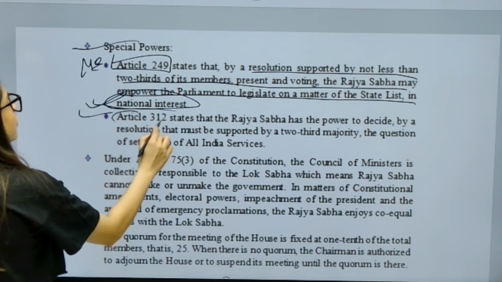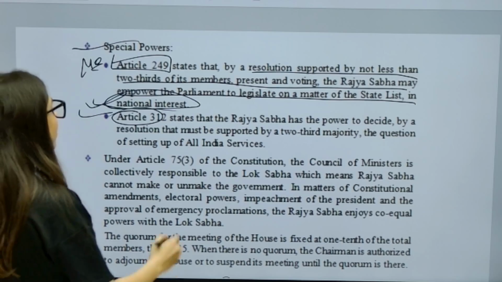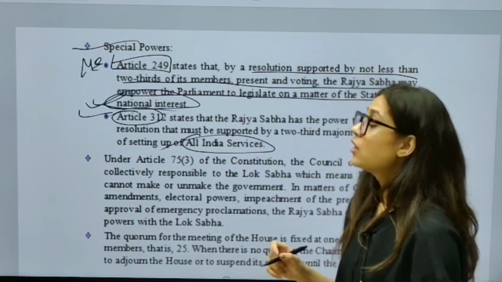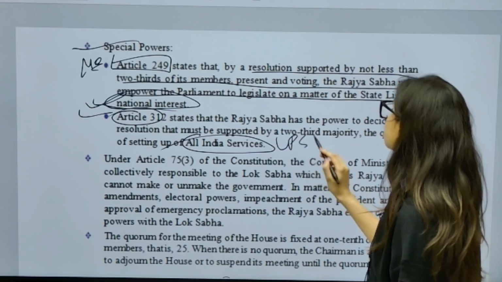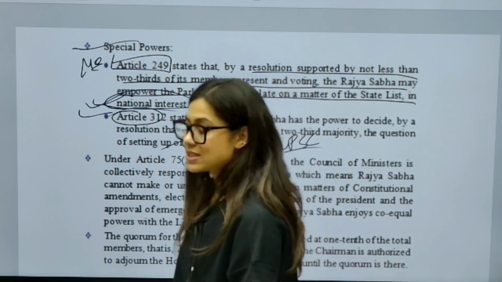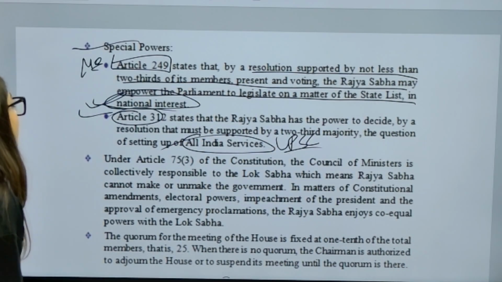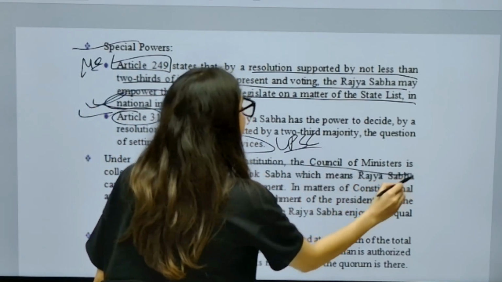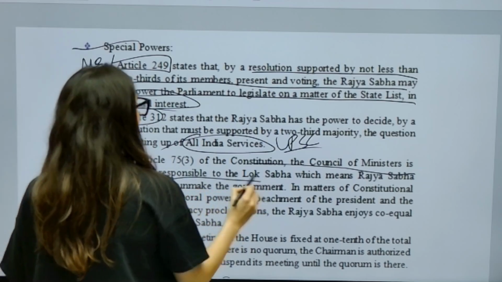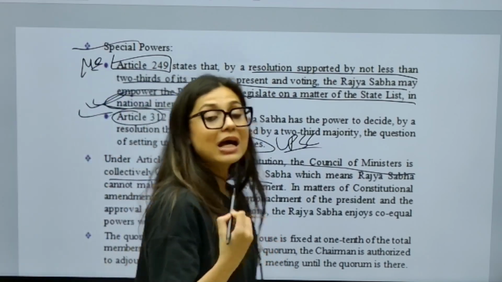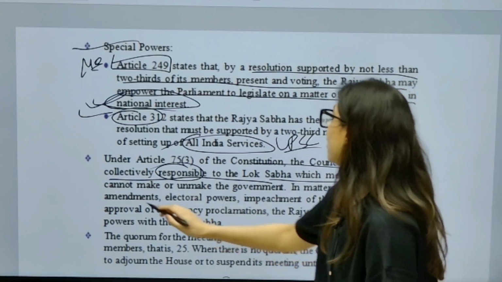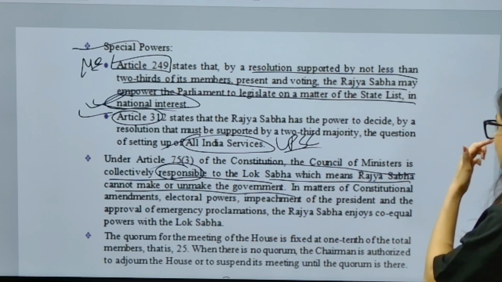Then next, Article 312, setting up of all India services, AIS, UPSC and all; only Rajya Sabha has power to decide. Then Article 75(3), the Council of Ministers is collectively responsible. Modi ji's ministers are responsible. Responsible here means answerable to Lok Sabha; Rajya Sabha cannot make or unmake the government.